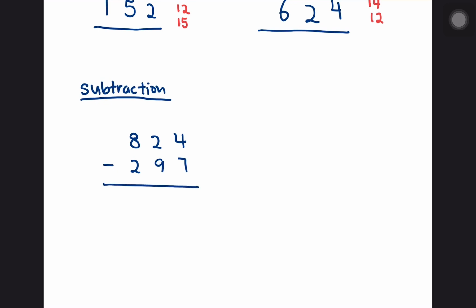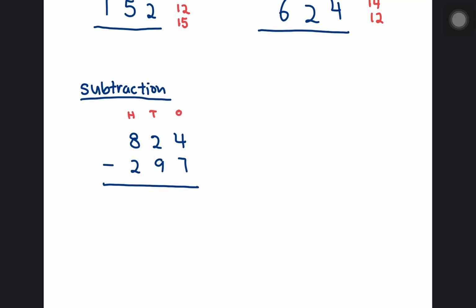Okay, same thing, you can write your place value, OTH. Now, first question, so we always start from the ones place first. First question to ask yourself, can a small number, we always minus from top down, we cannot do it from bottom up. So can this small number 4 minus 7, is that enough? No.